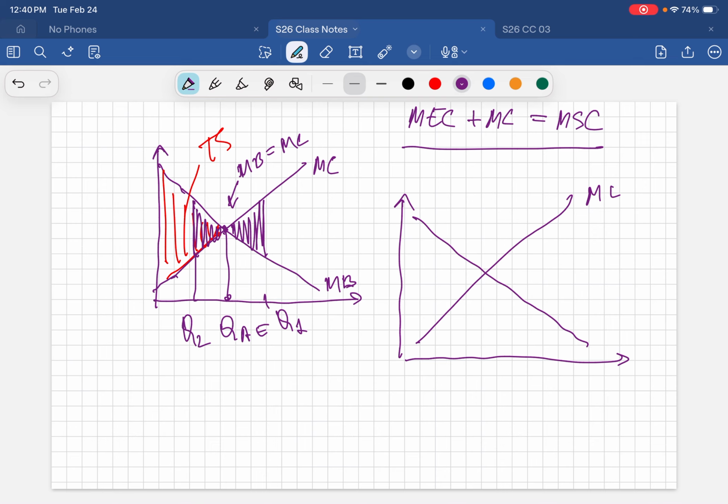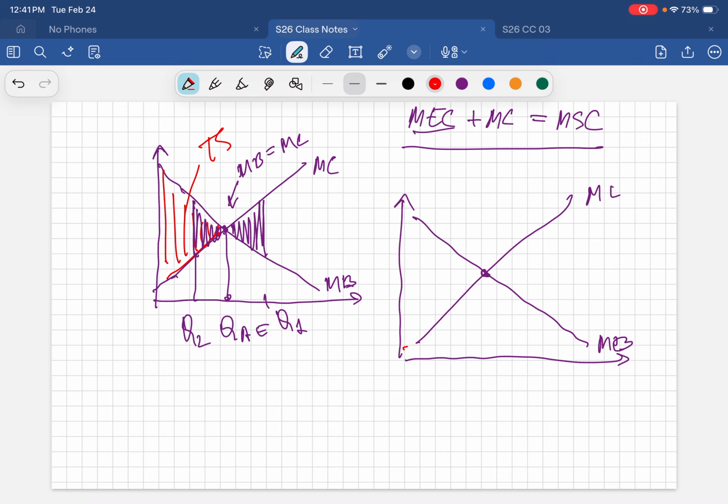You get marginal private cost, marginal private benefit. This point, I'm not marking it as the point of allocative efficiency because it's not going to be the point of allocative efficiency anymore. Now, how are we going to show marginal external cost here? Well, we're going to draw a line, just like the lines we drew for other variables, right?